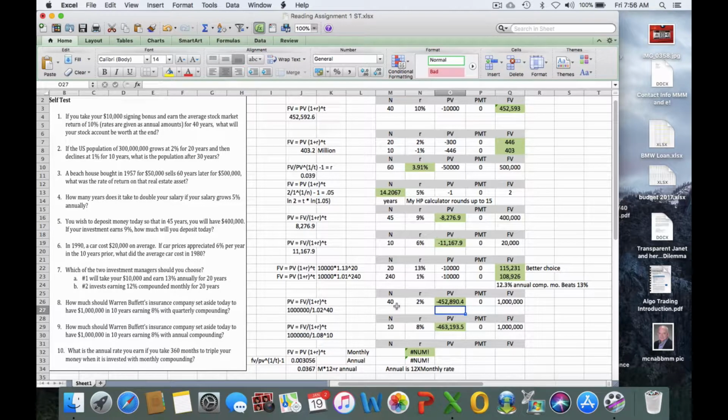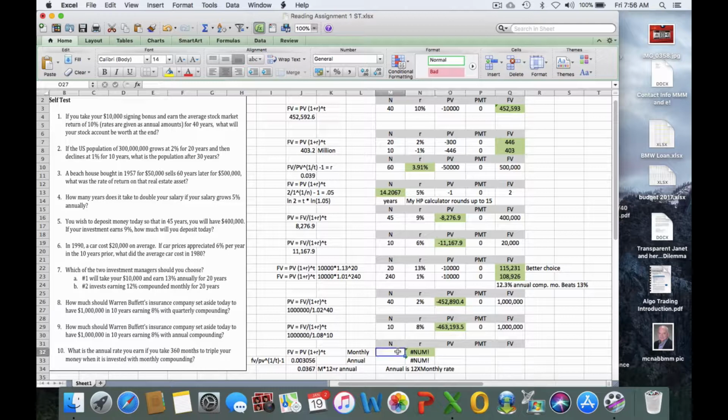So anyhow, 40 quarters, 2% rate, grows to about 452 that you need today, which is less than 463 that you need today to reach the same goal. Why? You need less because there are more frequent compounding, 40 times versus 10 times.